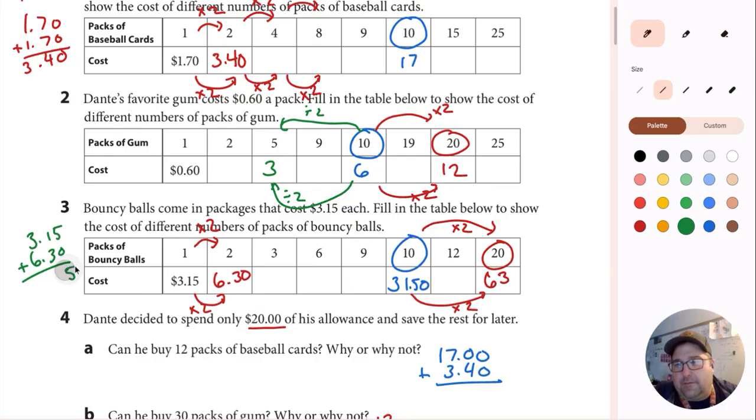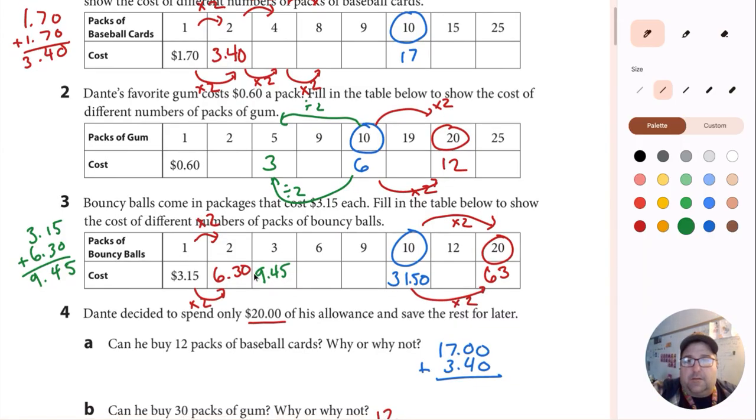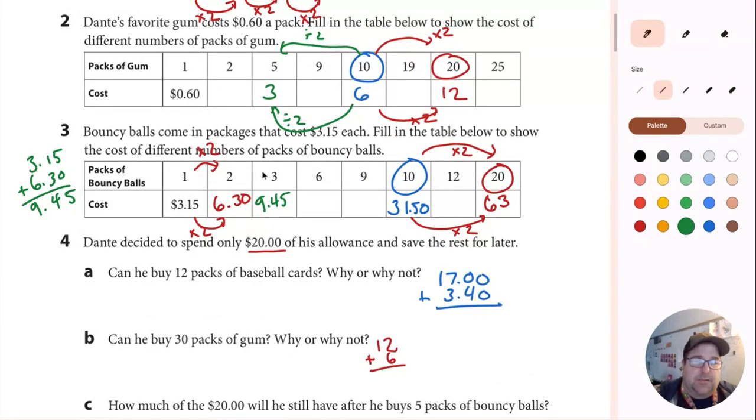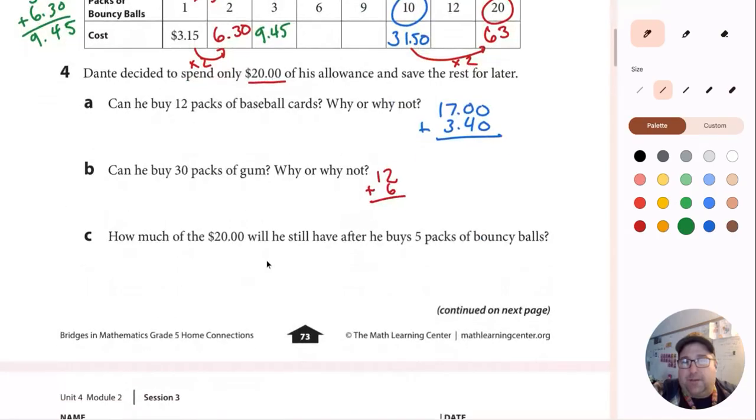So you get a 5, 4, so 945. So 945 is how much 3 packs of bouncy balls are. So in order to find 5 packs of bouncy balls, I got to add 2 packs plus 3 packs.